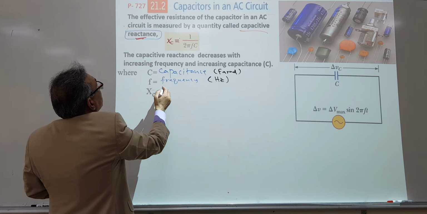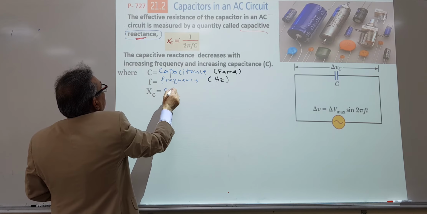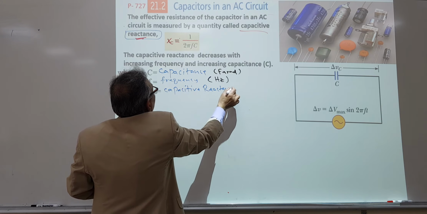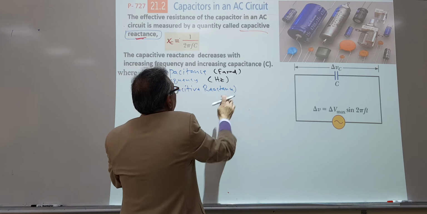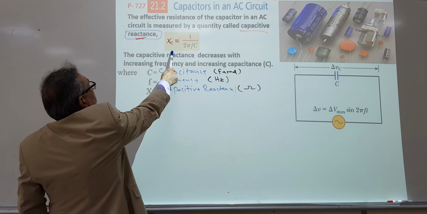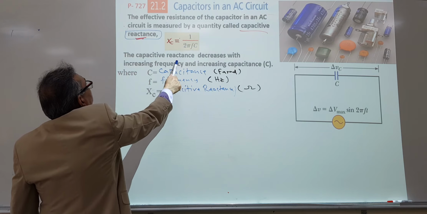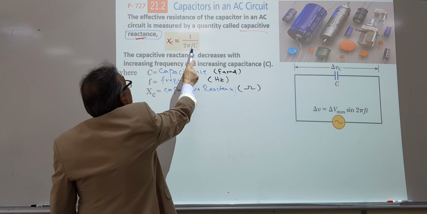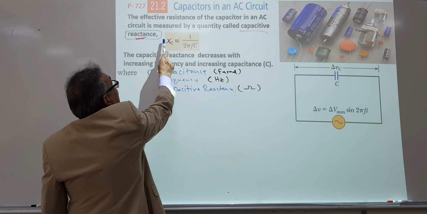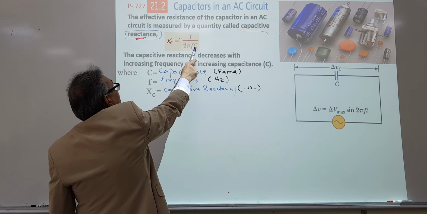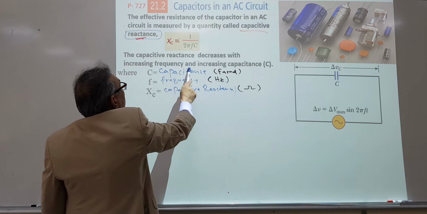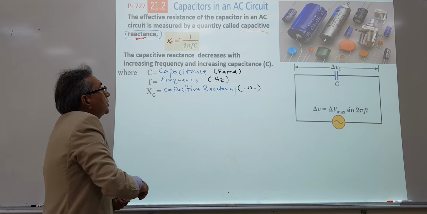And Xc is the capacitive reactance, of course in the unit of ohm. You see the equation, 1 divided by. So if you increase frequency, capacitive reactance will decrease. Again, if you increase capacitance C, it will decrease. So capacitive reactance decreases with increasing frequency and increasing capacitance, and vice versa.